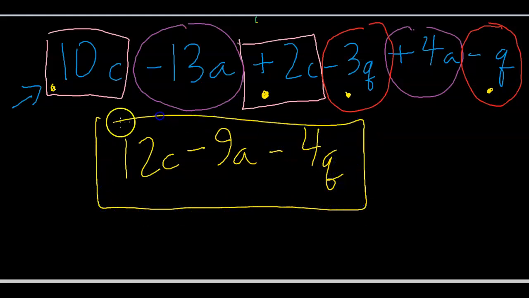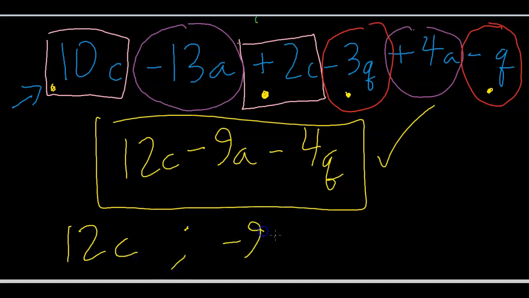All right, so here is our simplified answer, 12c minus 9a minus 4q. And what that says is we have 12c's, we have minus 9a's, we have minus 4q's, right? And when we add these all together, we're adding two negative terms here, and in our simplified answer, we're just writing that we're adding those negative terms as subtraction.